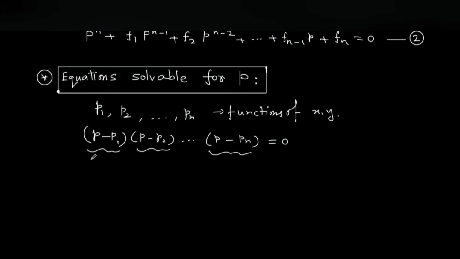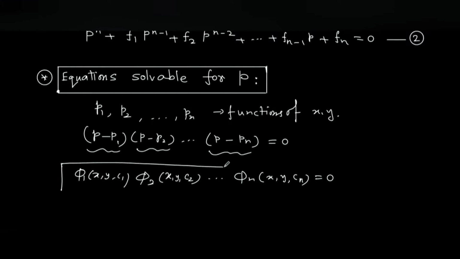So let's say phi1(x,y,c1) be the primitive of the first factor, phi2(x,y,c2) be the primitive of the second factor, and so on, phi_n(x,y,cn) the primitive of the last factor.